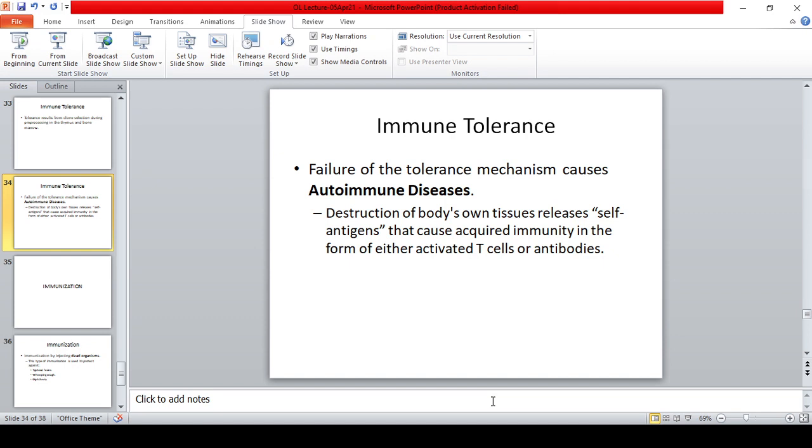The failure of the tolerance mechanism can cause autoimmune diseases, and there have been many theories about the autoimmune diseases. One of them is that the destruction of the body's own tissues releases self-antigens that can cause acquired immunity in the form of either activated T cells or antibodies.